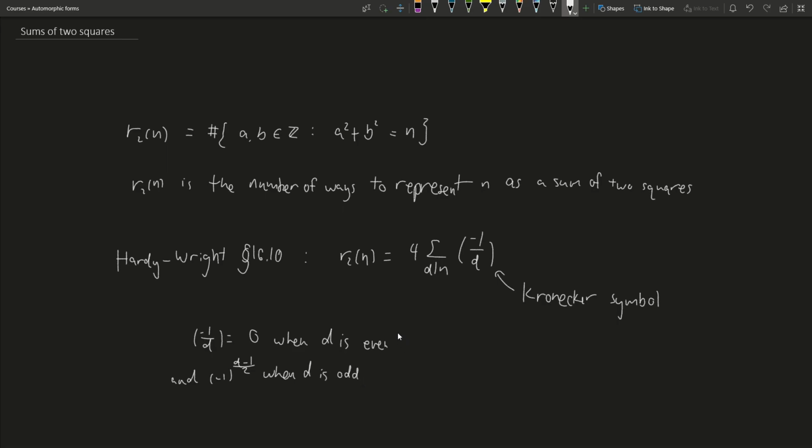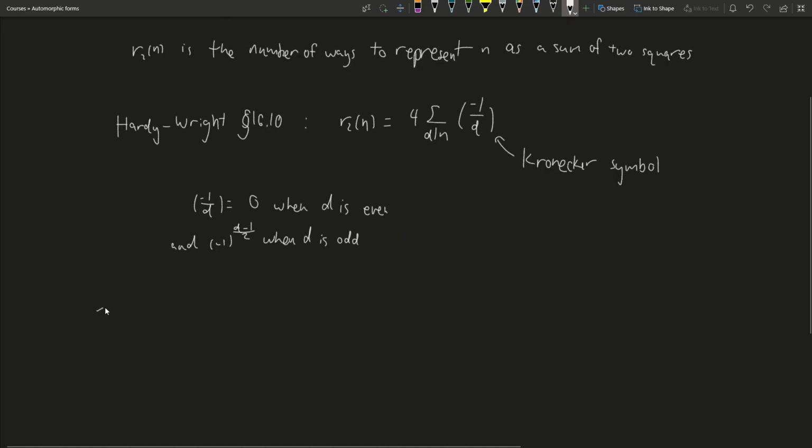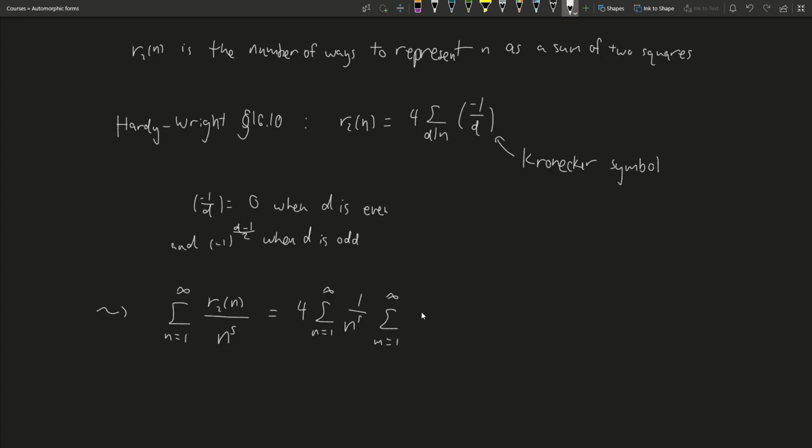Okay. And what this means is that we can recognize this as a Dirichlet convolution, and so this implies that if we look at the Dirichlet series, the sum from n equals 1 to infinity of r2(n) over n to the s, this is equal to 4 times the sum from n equals 1 to infinity of 1 over n to the s, times the sum from m equals 1 to infinity of (-1/m) over m to the s.